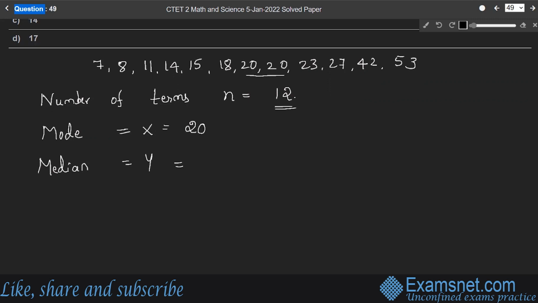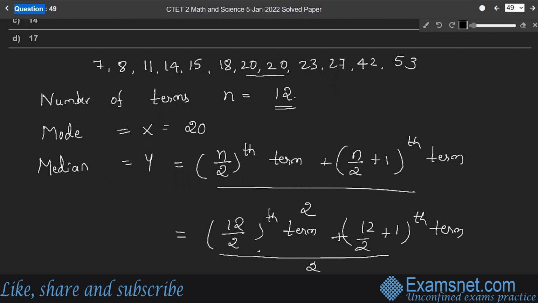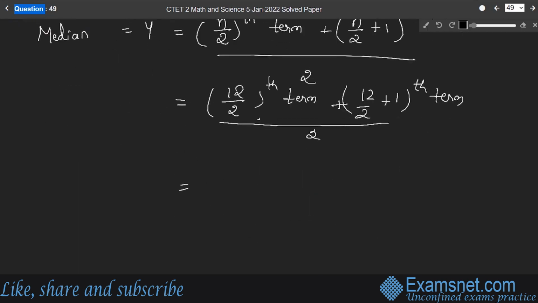For even number of terms, median is equal to n by 2 term plus n by 2 plus 1th term, whole divided by 2, which is equal to 12 by 2 term plus 12 by 2 plus 1th term, whole divided by 2, which is 6th term.